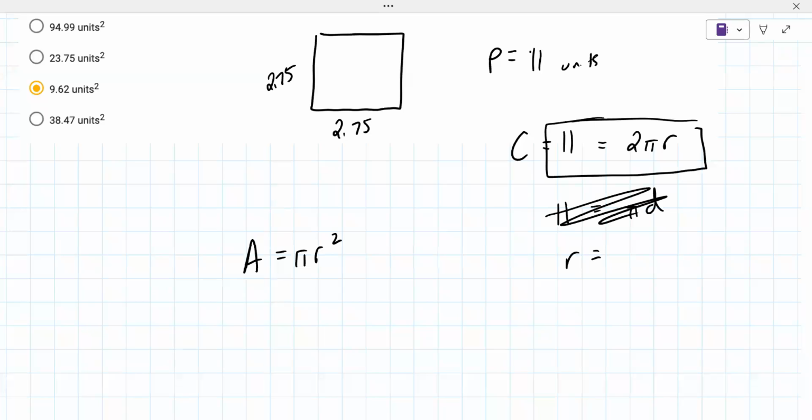I got r equals 17.27. No, r can't be that. It's 11 equals 2 pi r, so the radius is 11 divided by 2 pi.